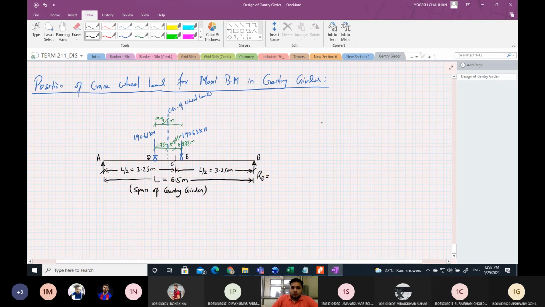RB will be equal to this point load 190.63 into this distance, 3.25 plus 0.875, divided by the span length, that is 6.5.